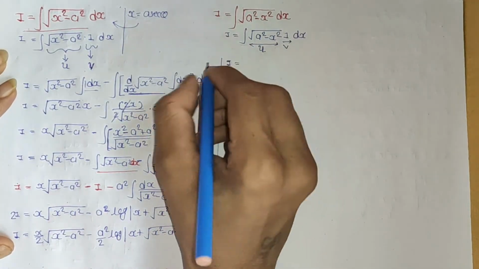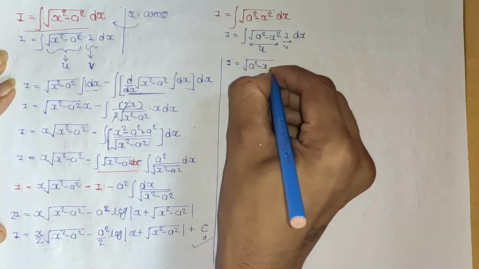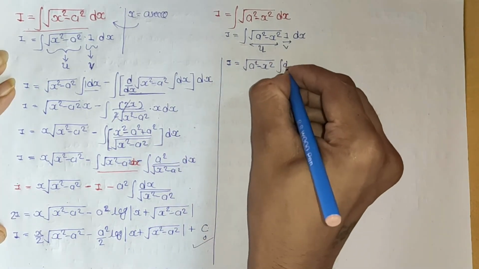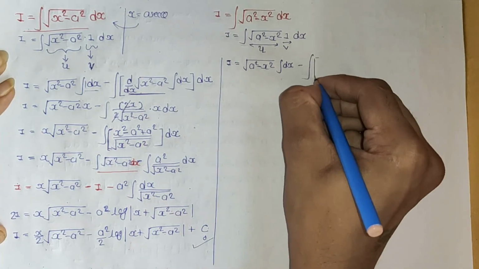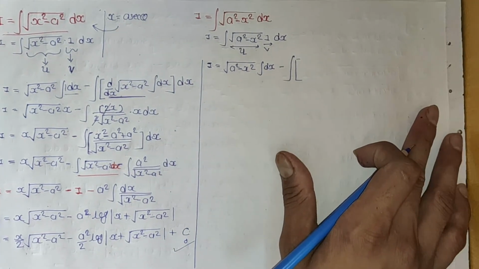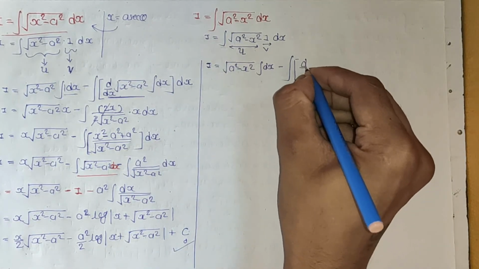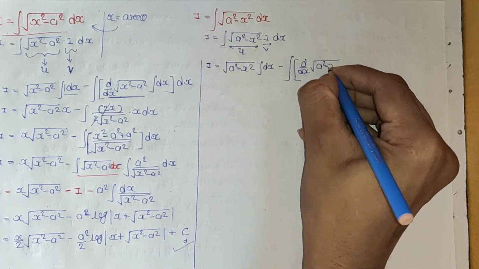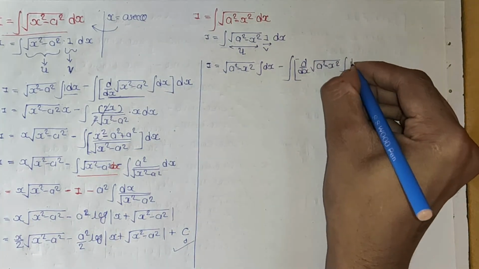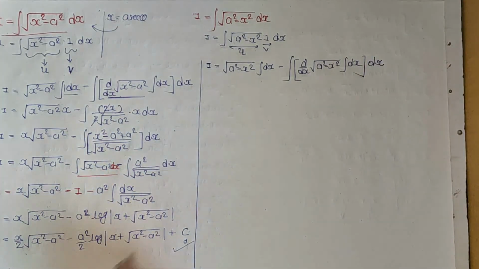I equals square root of a square minus x square integration dx minus integration in bracket d by dx of square root of a square minus x square integration dx, close the bracket, here also dx.